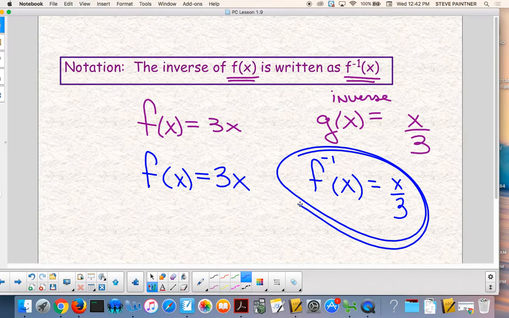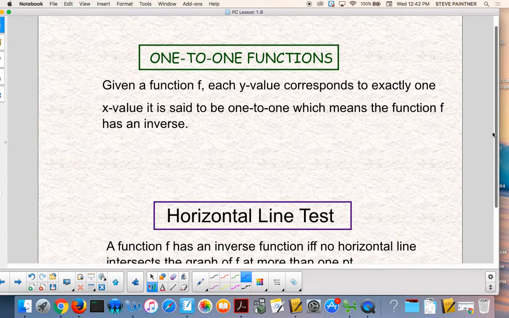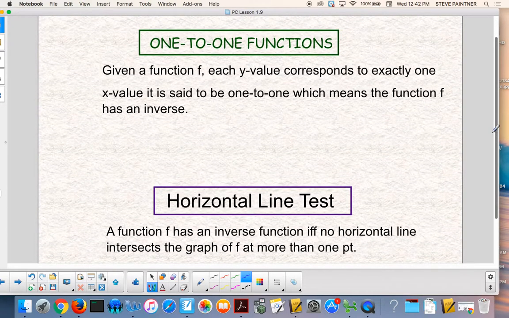Just telling you that. Okay, 1 to 1. You don't have any of these definitions on paper. I think I just wrote these for you. And I reversed the order here, so you can just leave it as is. But I wanted to talk about 1 to 1 first. So what are 1 to 1 functions? It says this.